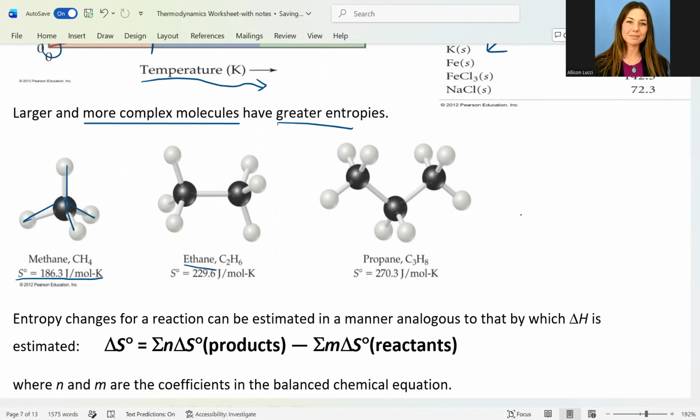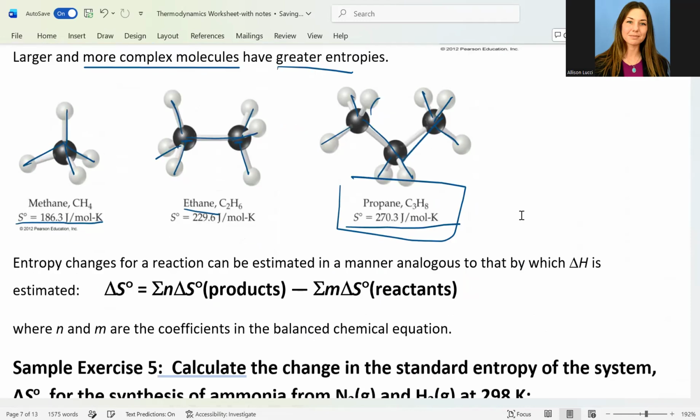Now we have ethane, with 2 carbon atoms and a total of 1, 2, 3, 4, 5, 6, 7 bonds, and all of those can have their own vibrational modes. Then we have the largest molecule of the 3, propane, with 3 carbon atoms bonded and 8 hydrogen atoms also bonded. So many more bonds, many more vibrational modes, and the highest entropy of any of the 3 compounds here.